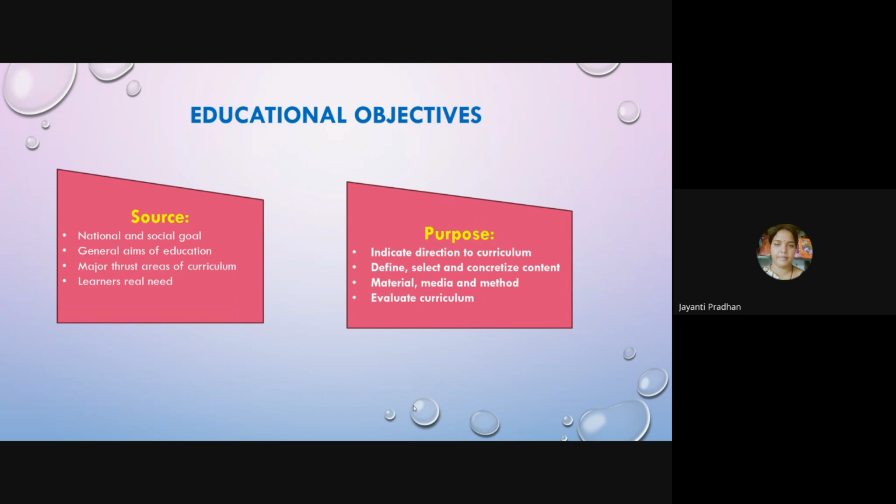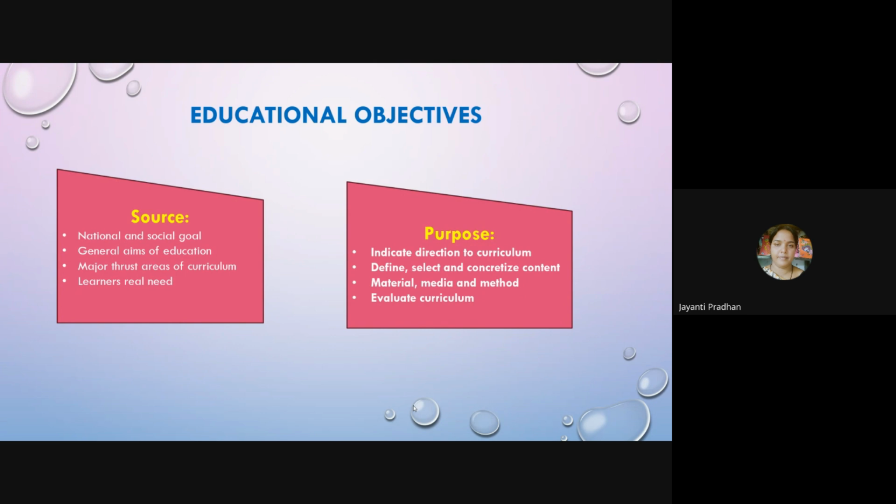Okay, you can refer to NPE 1986. There it was mentioned that in our curriculum we must keep the core components, any content that must be related to the core components, like the history of India's freedom movement.